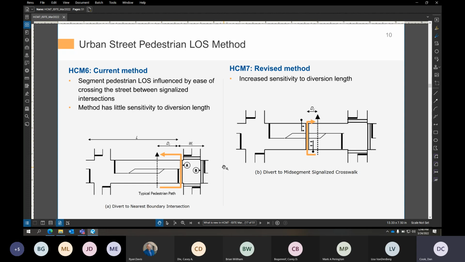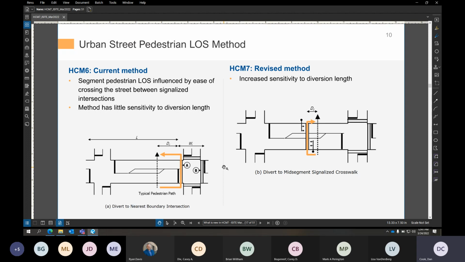Moving on to the urban street. HCM 6 had a method for looking at the segment pedestrian level of service score, and that was influenced by how easy it was to cross the street between the signalized intersections, but it wasn't really sensitive to how far a pedestrian had to walk out of the way. The graphic on the left side of the screen shows an example.